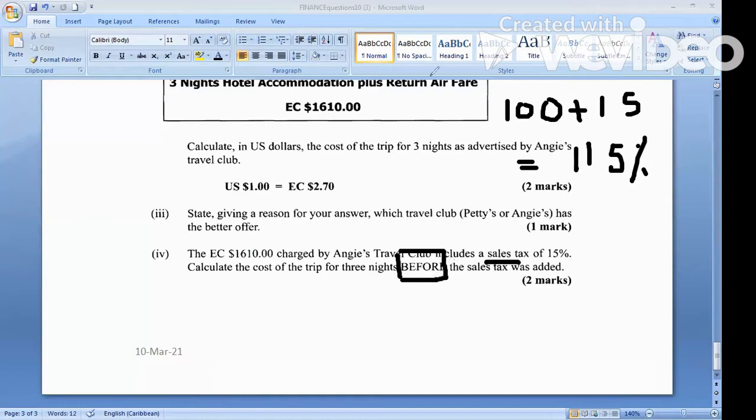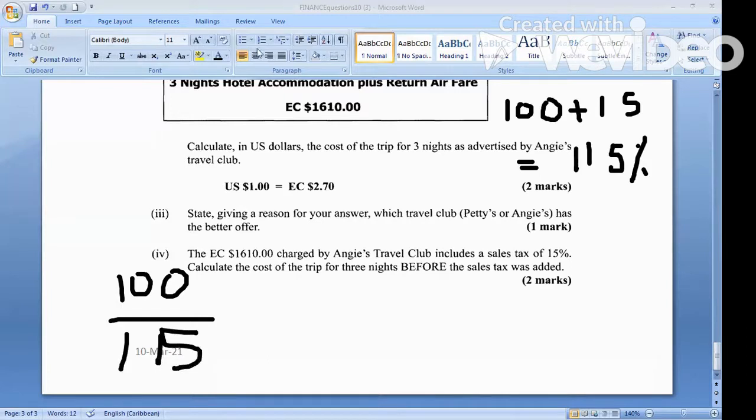So we're going to reciprocate the multiplying factor. If you were to do that by finding 50% of this and subtracting it, you wouldn't get the answer. So it's going to be 100 over 115, and then you multiply that by 1610.